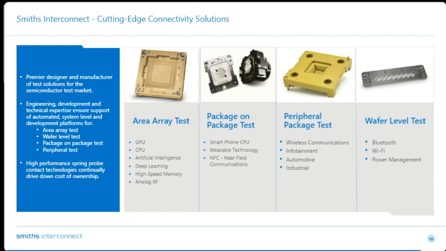We have our Euclid product line, which in the industry is typically referred to as POP, or package-on-package test. This is tailored towards the smartphone CPU market, wearable technologies, NFC, consumer and industrial applications.